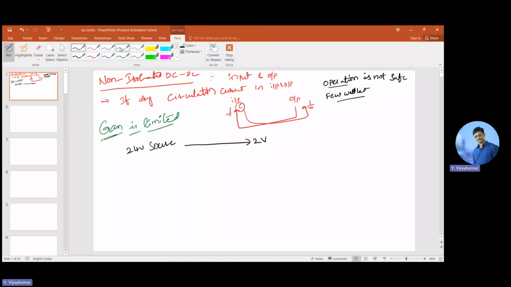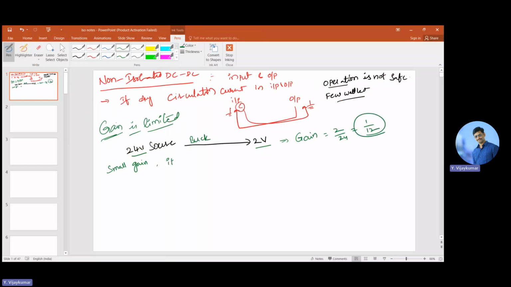That means you are doing a buck operation, using a buck converter to convert 24 volts to 2 volts. The gain is output by input, 2 by 24, which is 1 by 12. This is a very small gain.